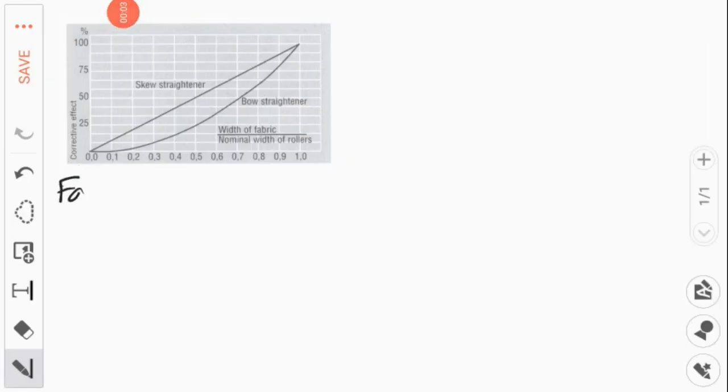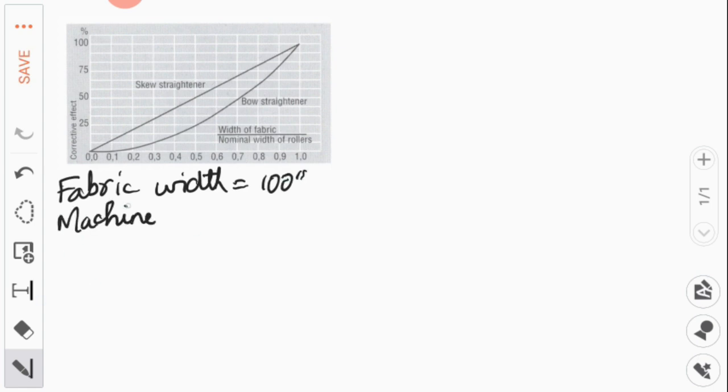So this is the graph provided by, let's say, a manufacturer of a weft straightener. Let's consider an example. Let's say the fabric width is 100 inches. Let's assume that the machine width, which is the nominal width of rollers or the working width of the machine, is 120 inches.